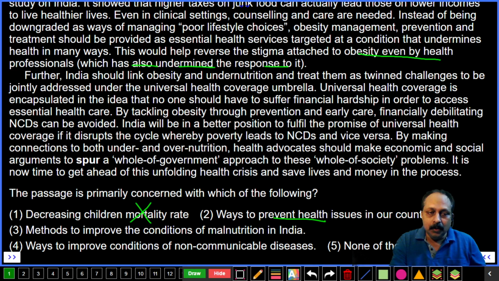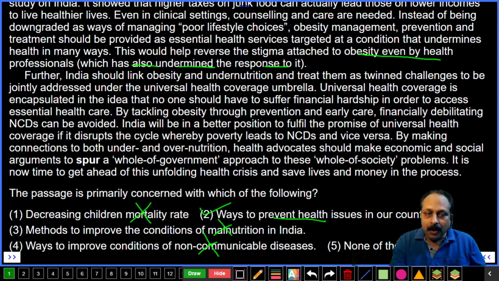So hold the second one. Methods to improve the conditions of malnutrition in India. This is one of the dimensions, but we should take a holistic approach because the passage talks about different problems related to health. Ways to improve conditions of non communicable diseases, not related to that. Answer is the second option.